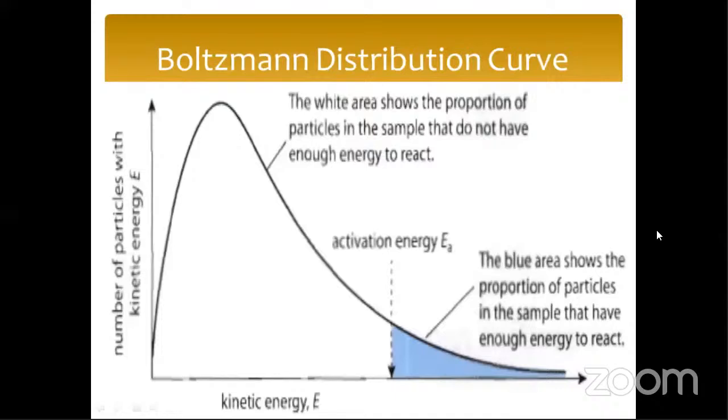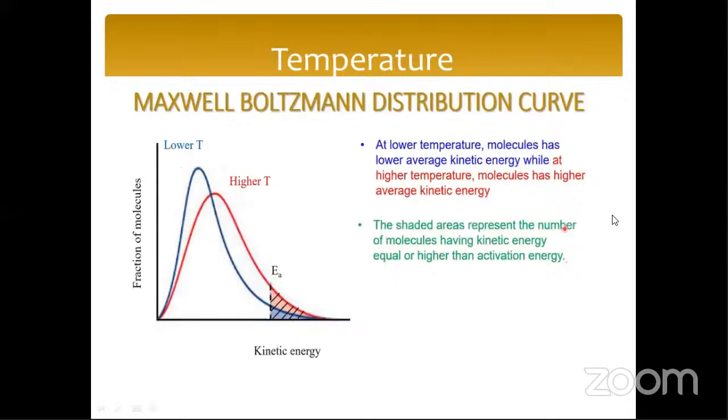All right. Now, the Boltzmann distribution curve is important for two of your factors. That is temperature and the presence of a catalyst. Now, for temperature, the activation energy is the same. So the activation energy does not move.